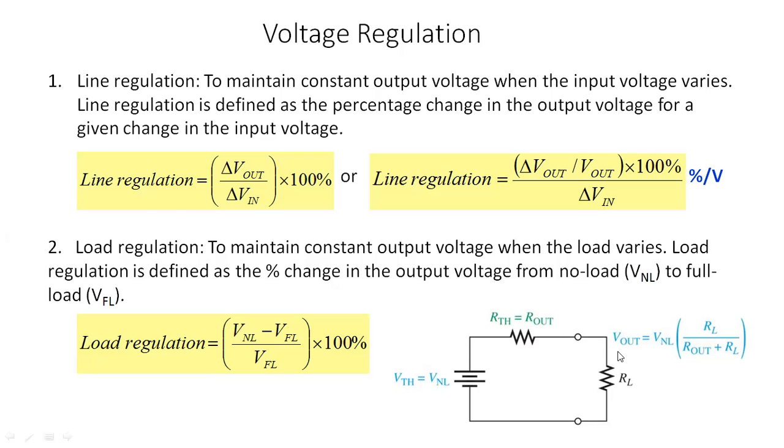If we calculate V out according to the voltage divider rule, V out equals VTH into RL upon R out plus RL, but VTH equals VNL. So you can write V out equals VNL into RL upon R out plus RL.